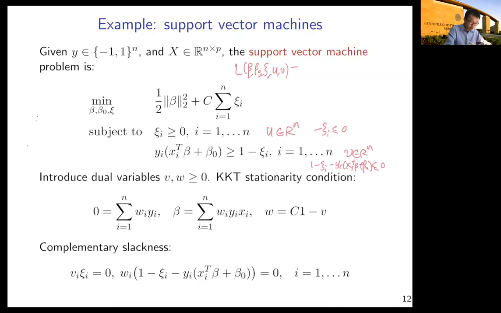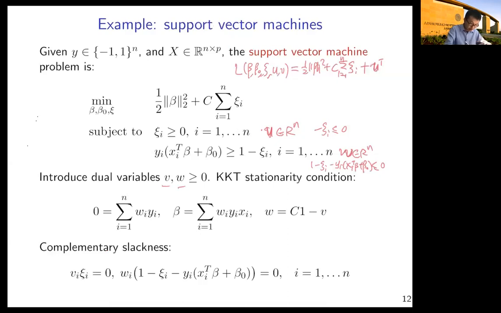So the Lagrangian would look like the norm of beta squared plus C times the sum over i from 1 to n of psi_i, plus u transpose. I think he used v and w, so let's adhere to that notation, and instead of using u, let's call this v, and let's call this w.